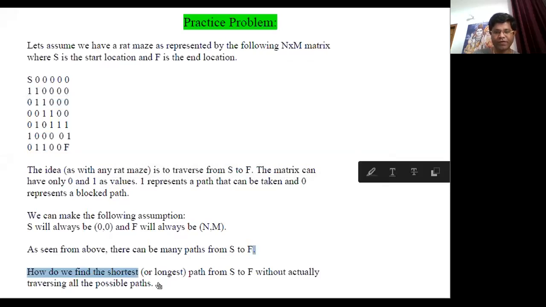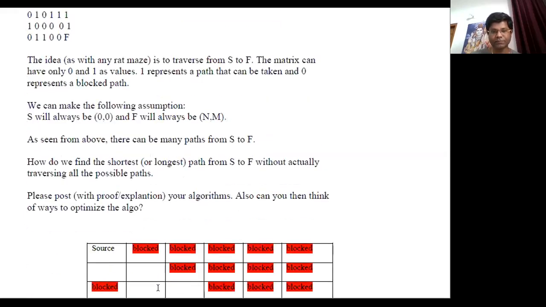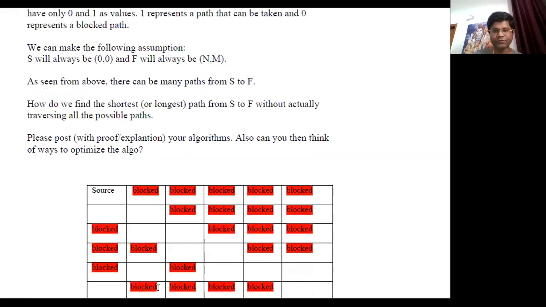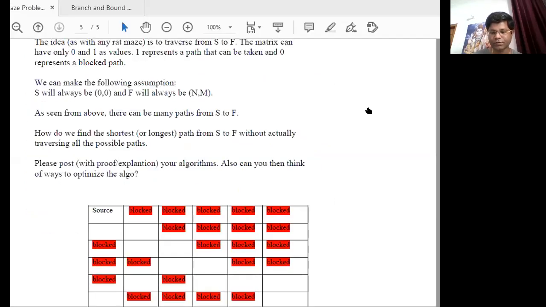So you have to find the shortest path from S to F without actually traversing all the possible paths. I have made a representation of this matrix in a simpler diagram so that you will be able to see what we are going to do in this problem. Just look at the problem.